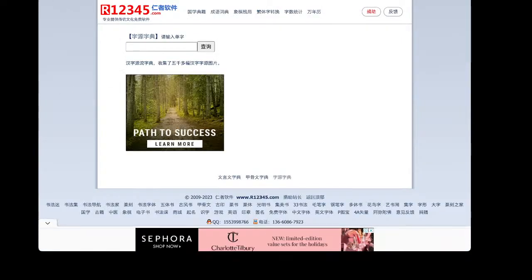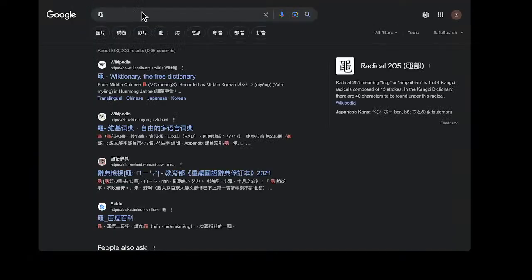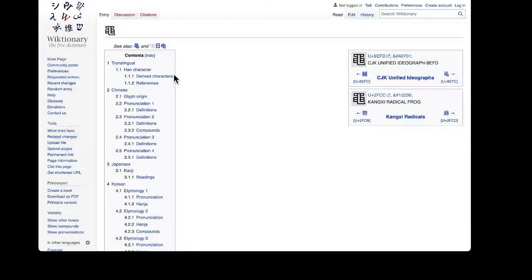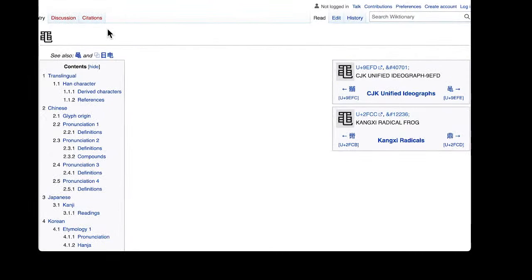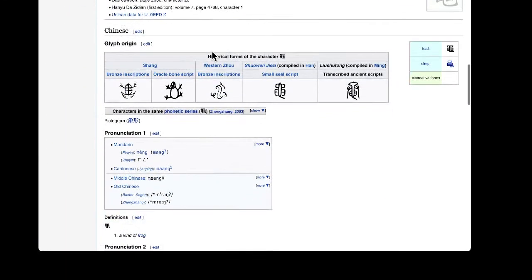I know there's a page for it on Wiktionary. Here you go. This bizarre looking character. There you go. Bronze inscriptions, oracle bone script. It was a drawing of a toad.